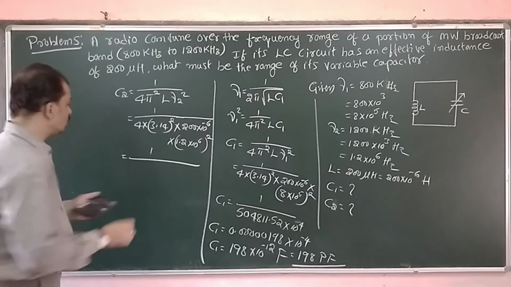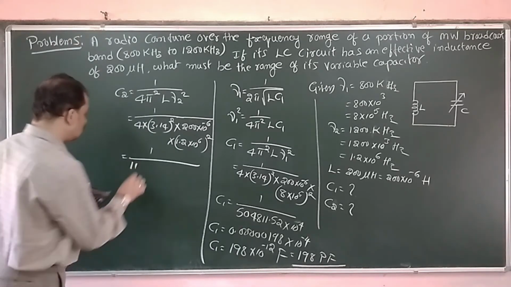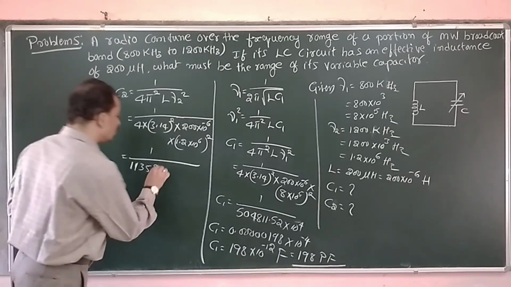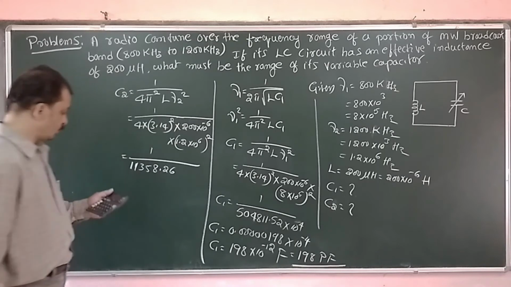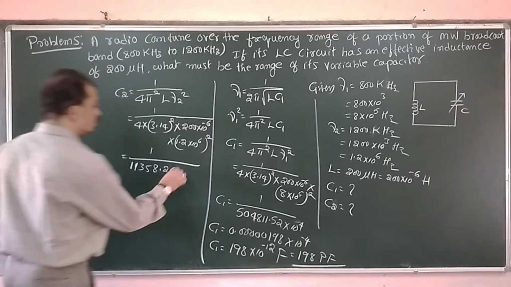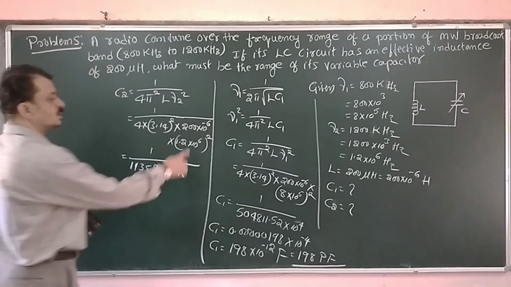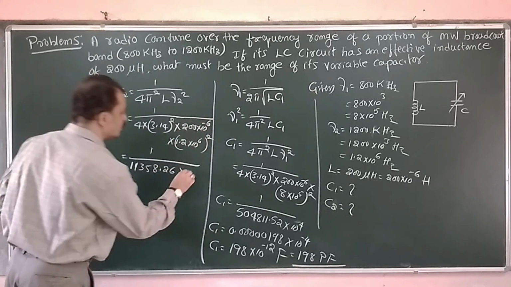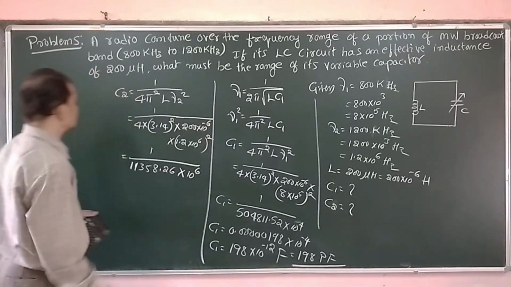I am getting 11,358.26 multiplied by the powers. So 10 to the power of 12, 10 to the power of minus 6. Therefore, it is 10 to the power of plus 6.